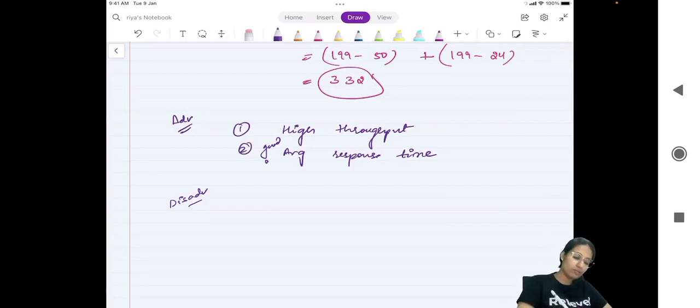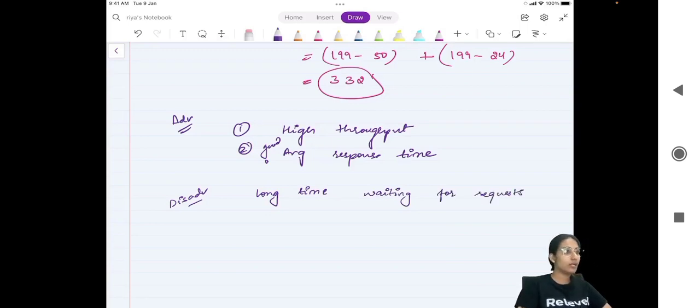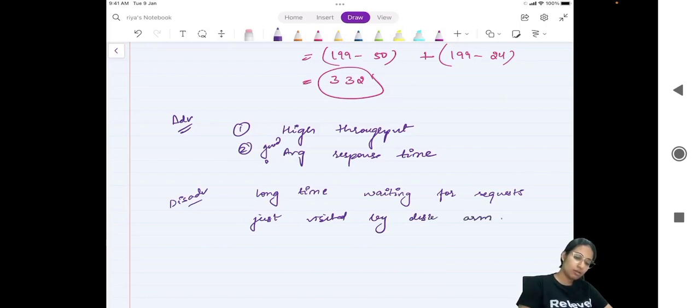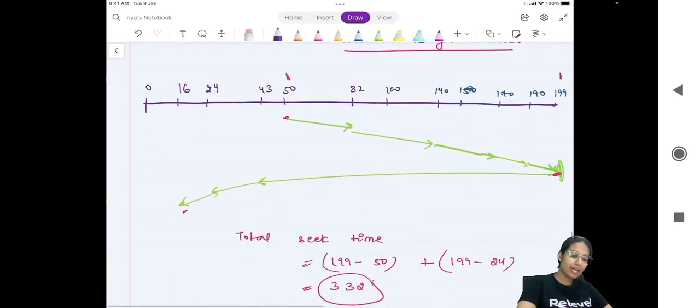So sometimes what happens is that there is a long time waiting for the requests just visited by the disk arm. Okay, let's say here you basically were at the request 82, and now let's say another request comes for 56.